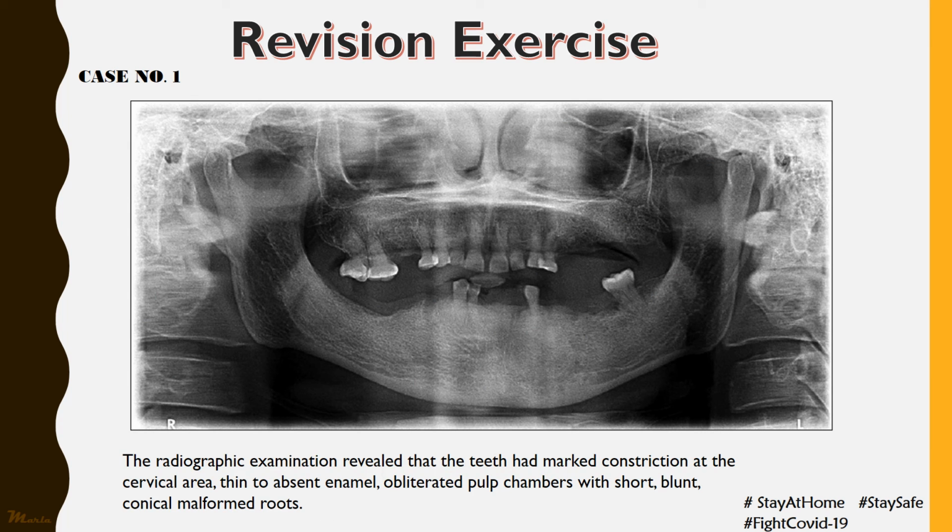Radiographic examination of the patient also revealed that the tooth had marked constriction at the cervical area, thin to absent enamel, obliterated pulp chambers with short, blunt, conical, malformed roots.